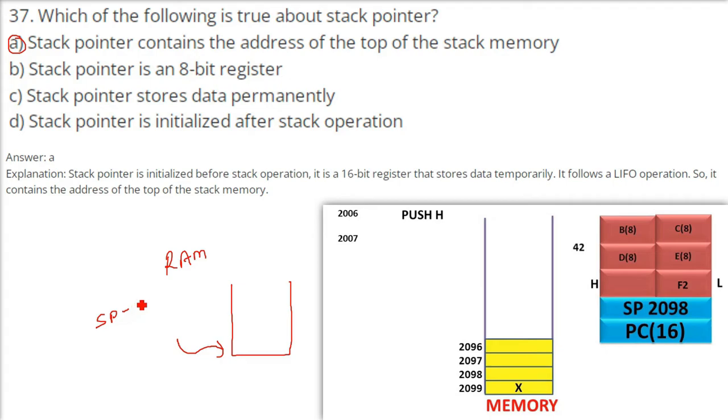The stack pointer is a 16-bit register that will store data temporarily. For example, if you are running a certain program and there is a subroutine, when you go to the subroutine, you have to place the next instruction address somewhere so that you can recall it when you come back to the main program. That is only possible when you have stack-like operation.